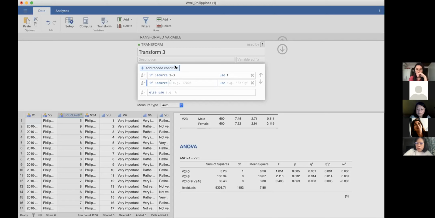If sorry, erase, sorry. Dapat pala is if v248 is below 4, below 8, below 10. There you go.